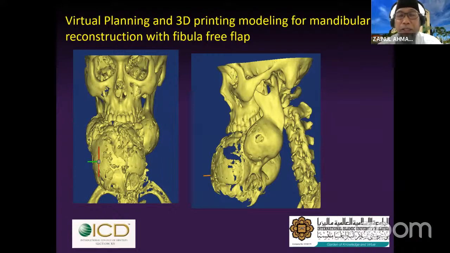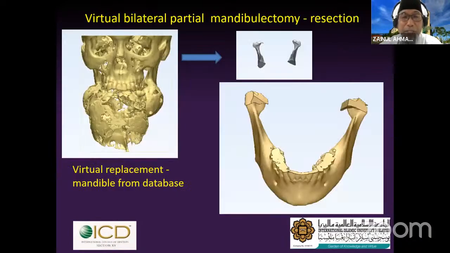If we look from here, the condylar and the ramus are intact. So in other words, half of the mandible has to be removed, and therefore a surgical simulation has to be done. This is one of the methods where the surgeon comes in first to see what they need to do, or they need to do some bilateral mandibulectomy resection on both sides, and then we need to do some virtual replacement.